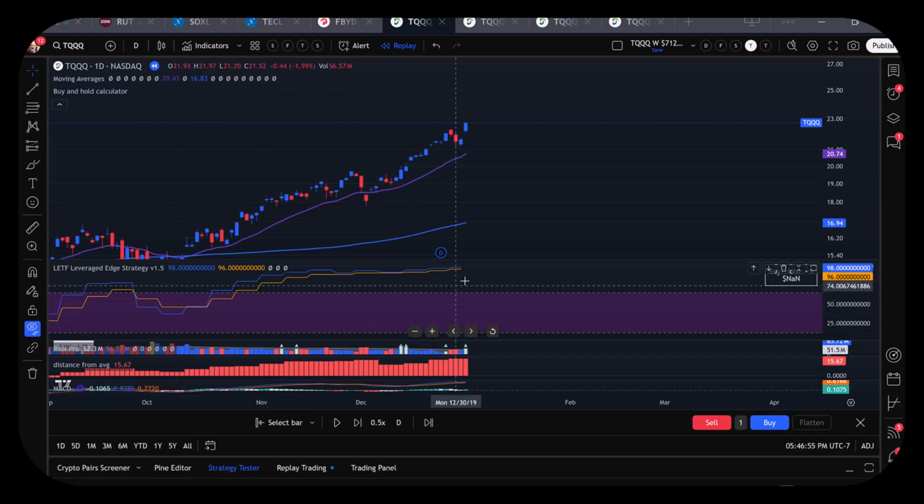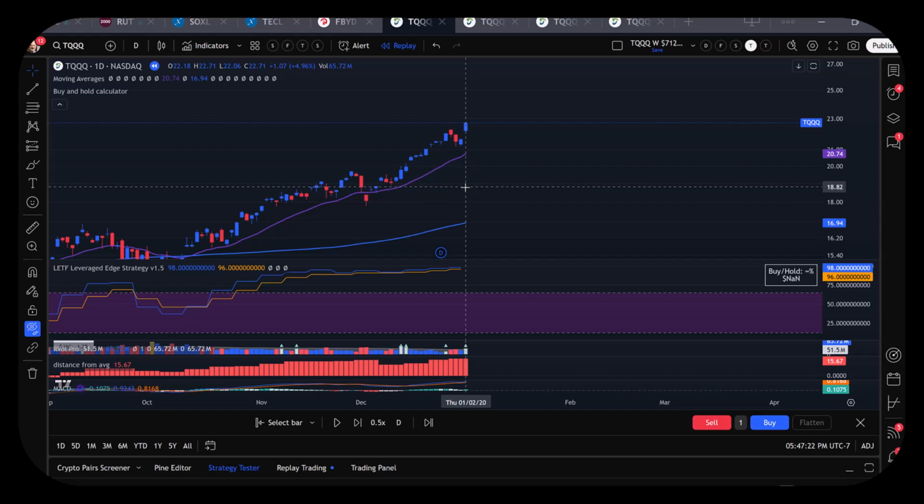What we have here is a TradingView chart, and in this case, I'm showing the TQQQ. And on the chart, we have the leveraged edge strategy in this area right here. I have utilized the replay function in TradingView, so I've moved this back to look at a date in the past.